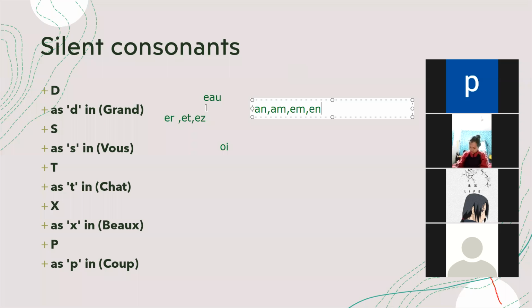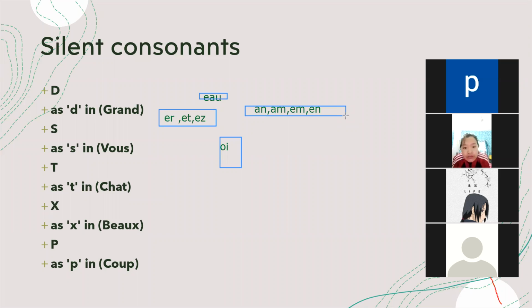I repeat, the combination of letters EAU sounds like O, the combination OI sounds like UA, the combinations AN, AM, EM, and EN sound the same, and ER, ET, EZ sound like A, but only if they are placed at the end. For the others, it doesn't matter where they are placed, they always sound like what I told you.